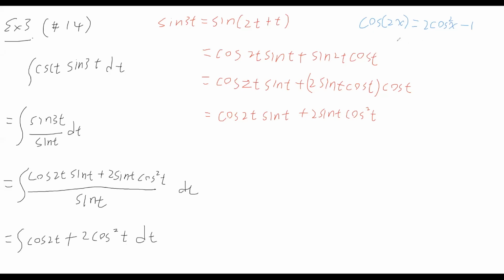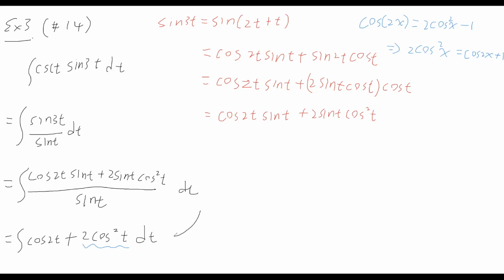Then we can move the minus 1 over, so 2 cosine squared x is equal to cosine 2x plus 1. That means we can replace this whole thing with cosine 2x plus 1.